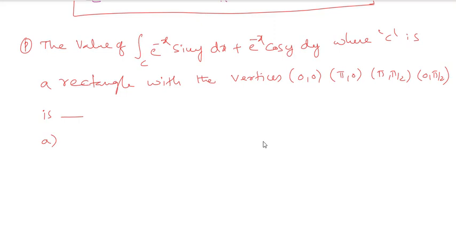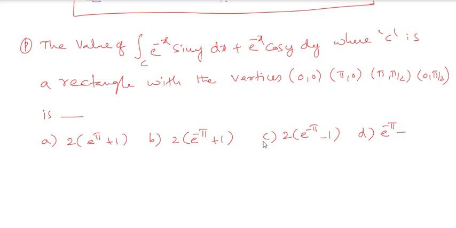Option A, 2 into e to the power of pi plus 1. B, 2 into e power minus pi plus 1. C, 2 into e power minus pi minus 1. D, e power minus pi minus 1. This is the question they had given, right?